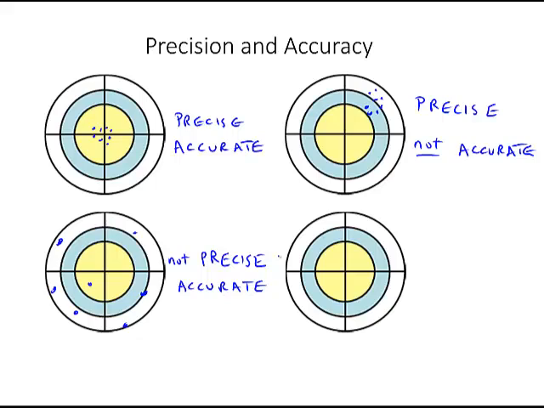Finally, the fourth shooter is an amateur with a poorly calibrated rifle. His shots are not only spread far apart, but they're not even centered around the target. This poor sap is not precise, and he's certainly not accurate.